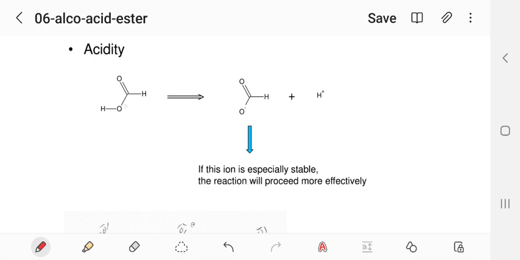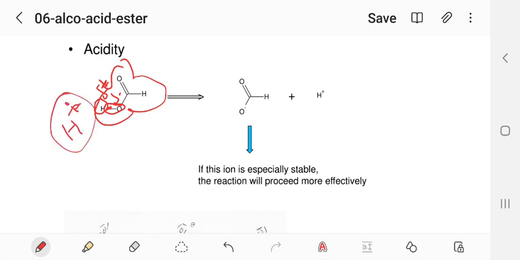Therefore, this COOH group, this OH, is a polar bond, so delta minus, delta plus, and when this polarity grows further, the electron of the hydrogen gets closer to the O until the hydrogen is completely released without its electron, as an H+ ion, as a proton alone.